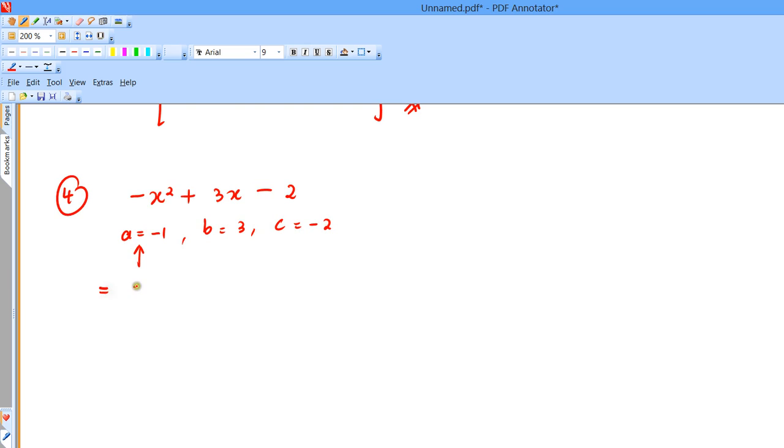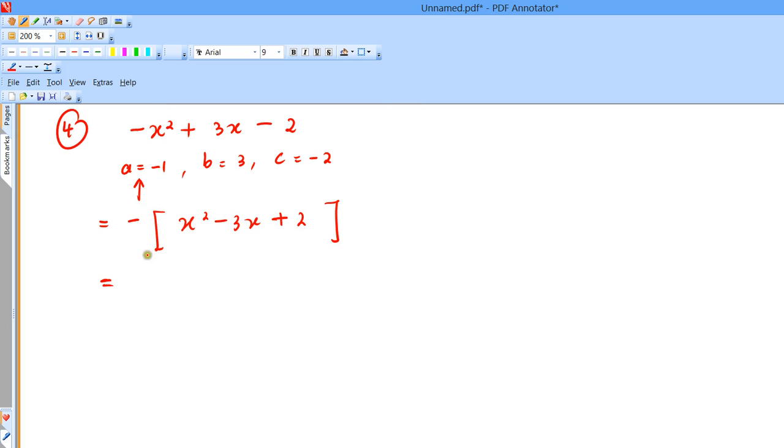So it equals negative (x² minus 3x plus 2). In the bracket, just copy the first two terms, x² minus 3x plus b over 2, so negative 3 over 2 squared, minus negative 3 over 2 squared, plus 2.